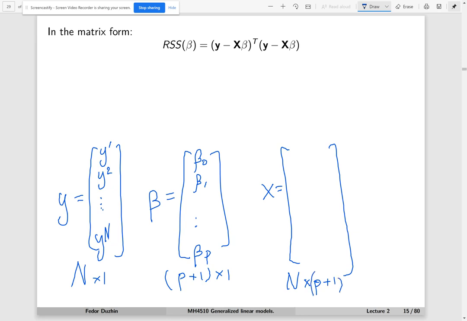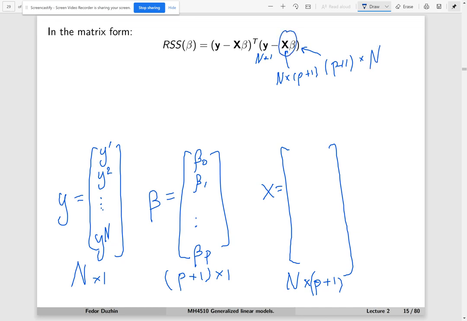Okay, now let me write it here. So y is n by 1. So x is n by p plus 1. So beta is p plus 1 by n.